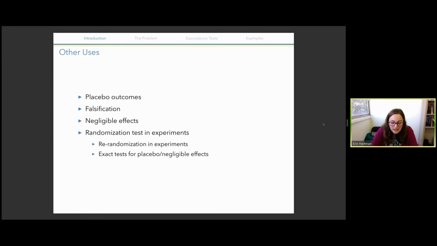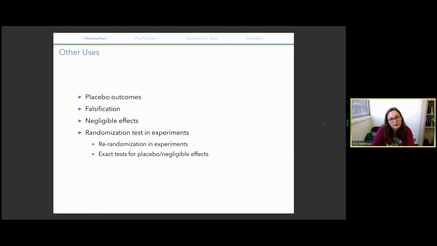There are falsification tests, another name for this, and you see falsification tests, say for IV, where you should see no effect on some related outcome of your instrument. It's related to the negligible effects literature, and I'll talk a little more about that, where by negligible effects I mean your theory posits a substantively inconsequential, very small effect, some effect close to zero that you would say is effectively zero.